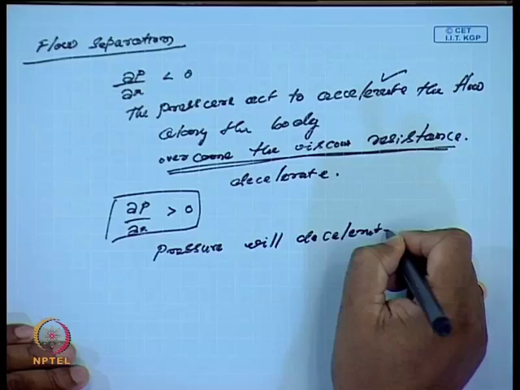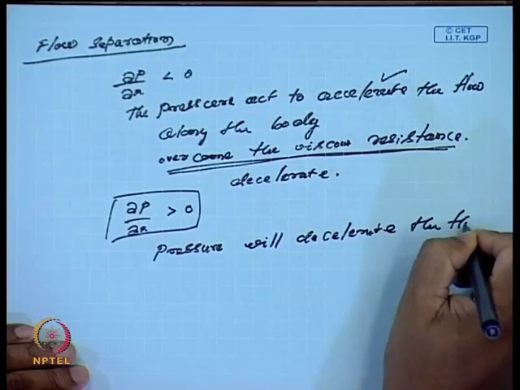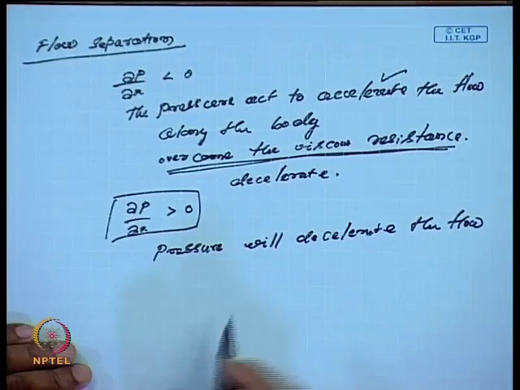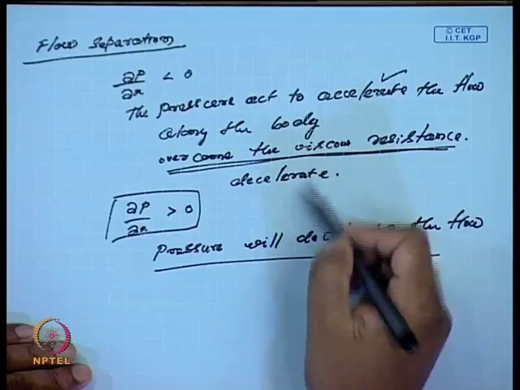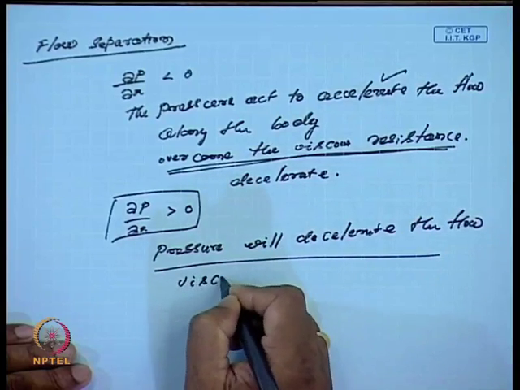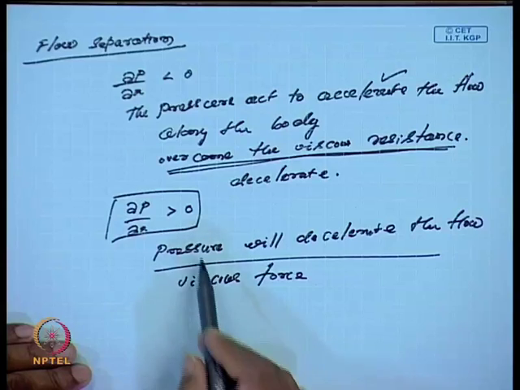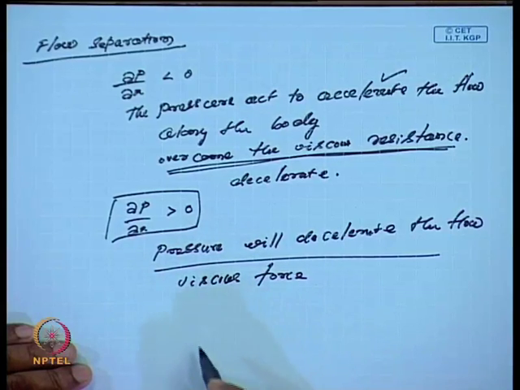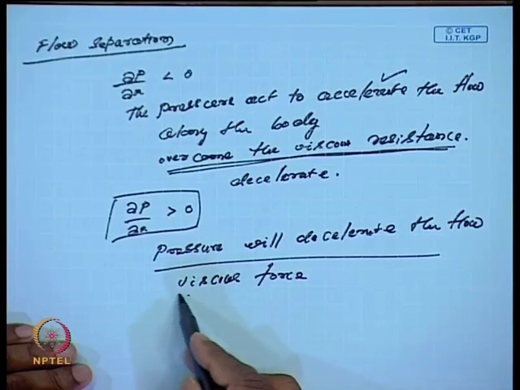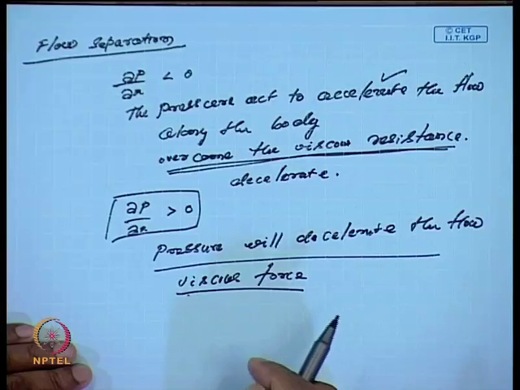Because there is also a viscous force which is always acting on the body and decelerating the flow, and the pressure is also decelerating the flow, as a result what will happen to the viscous force and the boundary layer thickness?